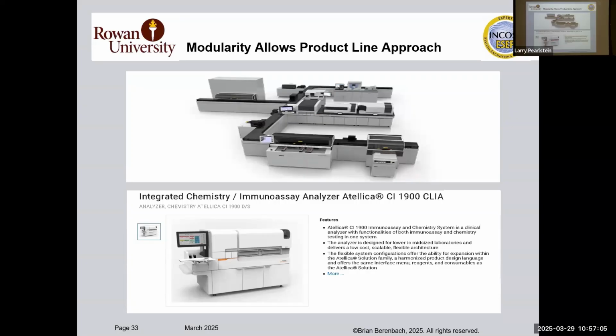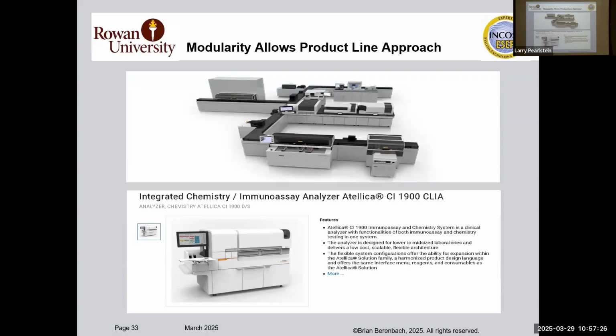Here's a junior. They realized they had to make a smaller one because in addition to hospitals, you have small clinics, and they wanted to provide smaller size analyzers that did the same thing. Here's a smaller one.